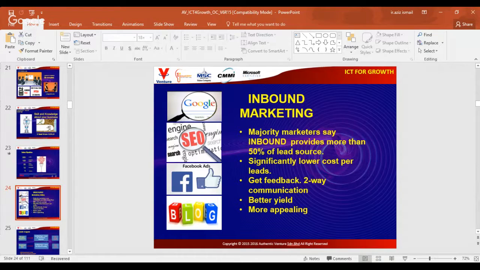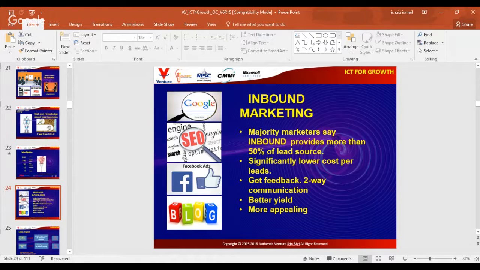I'm not saying that you should stop the traditional marketing. What I'm saying is look at the inbound marketing, look at the latest methods in marketing. And a lot of companies in the US, for example, their budget for the inbound marketing is more than the budget for the outbound marketing.